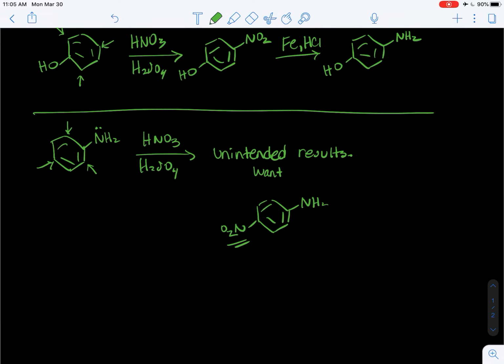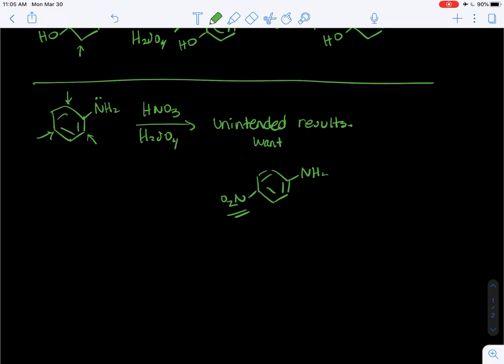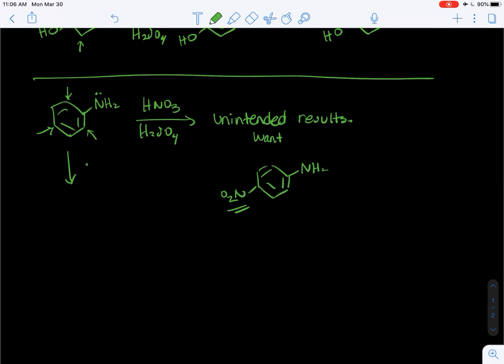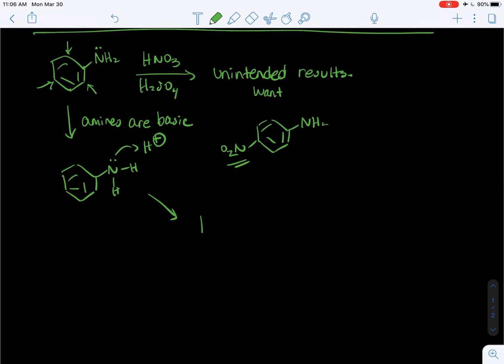Okay, and what happens instead is that, remember that amines are basic. And what would occur here is that the aniline would pick up an H plus from either the sulfuric acid or the nitric acid to give you the protonated aniline.